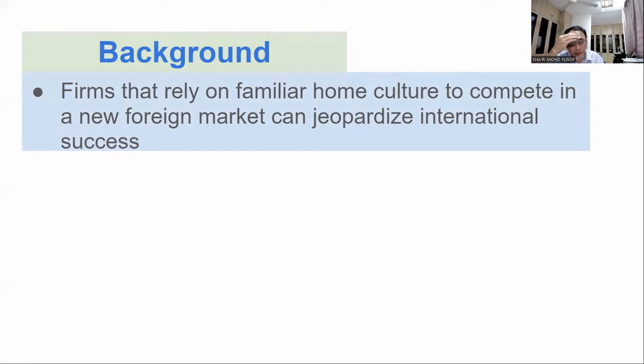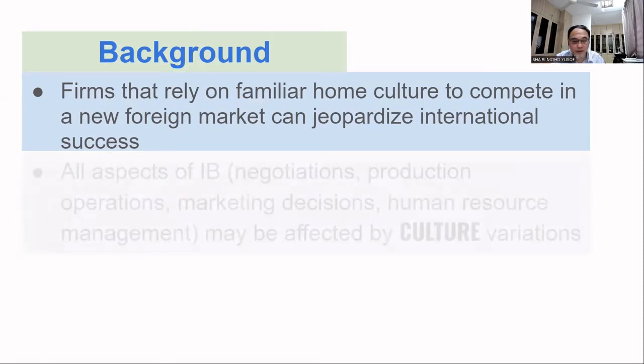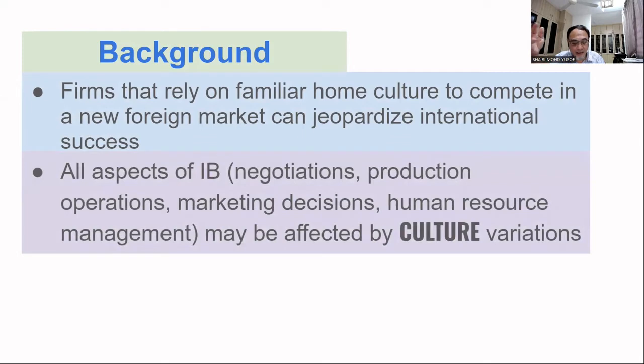It may not be practical to use certain management practices or procedures in the host country. You must understand that there are customs, values, and ways of doing things, which are actually cultural aspects.